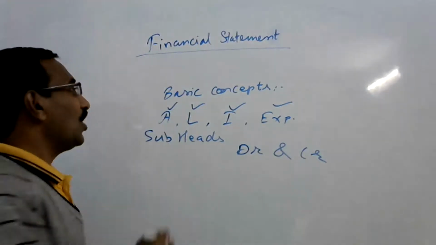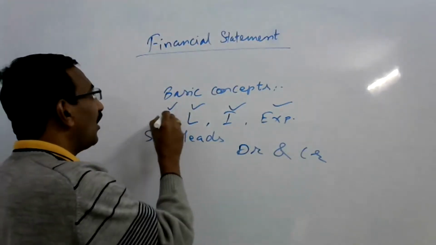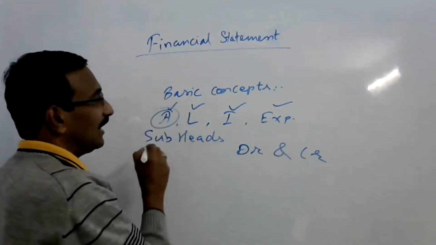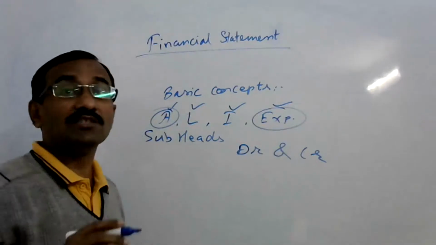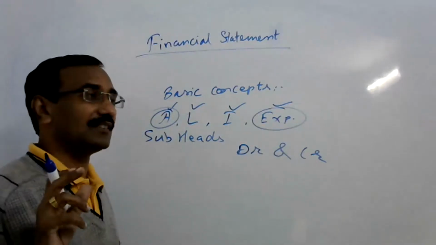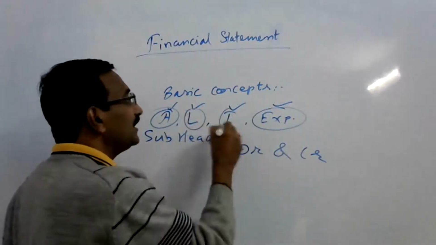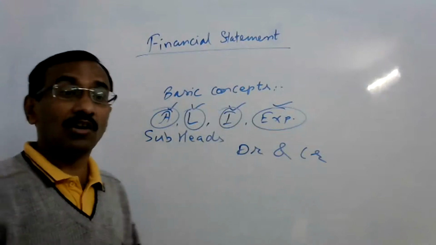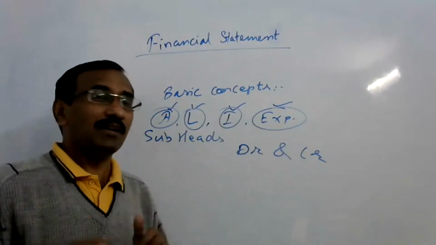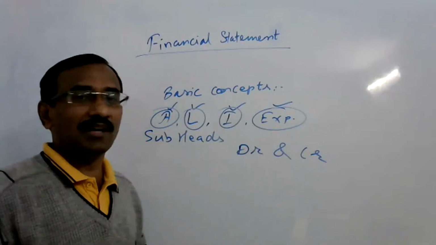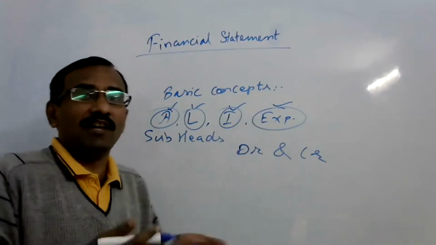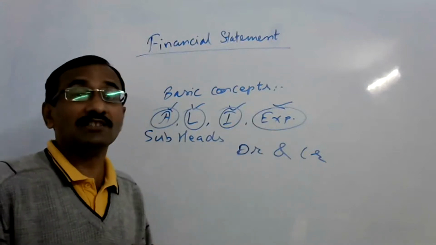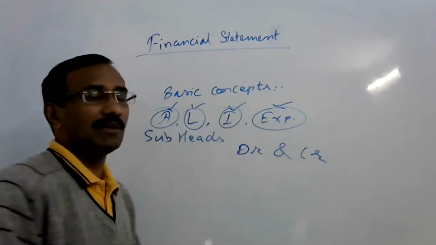We have learned that all assets and expenditure always have a debit balance, and all liabilities and all income always have a credit balance. But what is meant by balance? All assets and expenditure, whenever incurred, will always be debit.